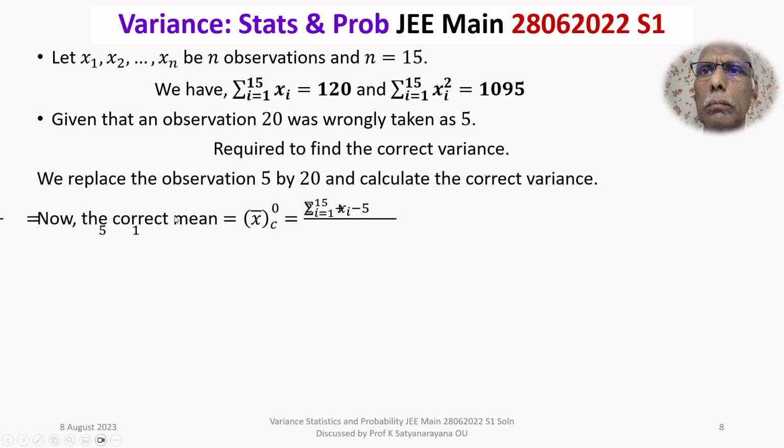Now, first we calculate the correct mean, that is x bar suffix c. C stands for correct. The correct mean is equal to the sum of xi, subtract the erroneous observation 5, add the correct observation, that is 20, by 15.